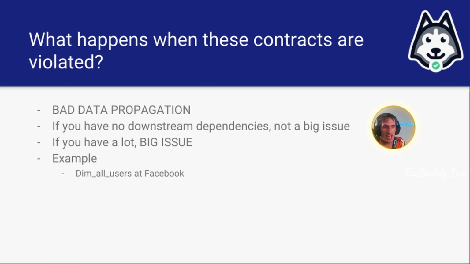As you create data sets that are more and more critical to the business and more heavily used, the more you need to publish good data and follow these contracts, so that you have all the quality checks in place and can publish data with confidence. Backfilling gets very crazy.